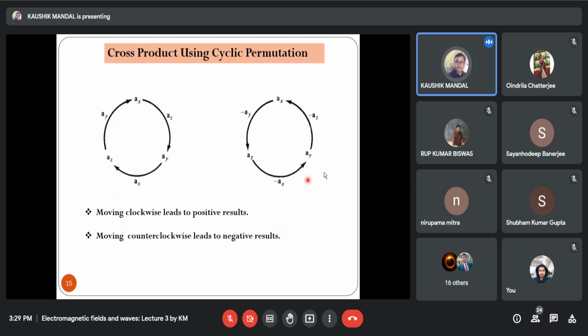If you move anti-clockwise, that will lead to a negative result.